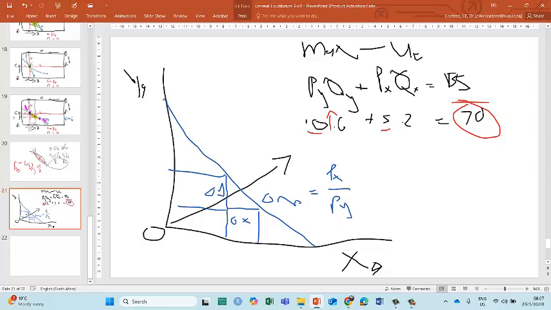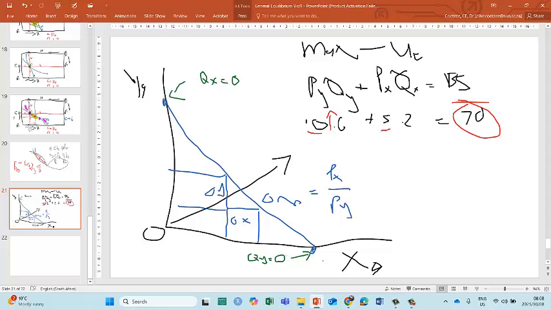Remember, that is quantity, and that's quantity. So what happens at this specific point? The quantity of X is equal to 0. And what happens at that point? The quantity of Y is equal to 0, because you're on the axis.